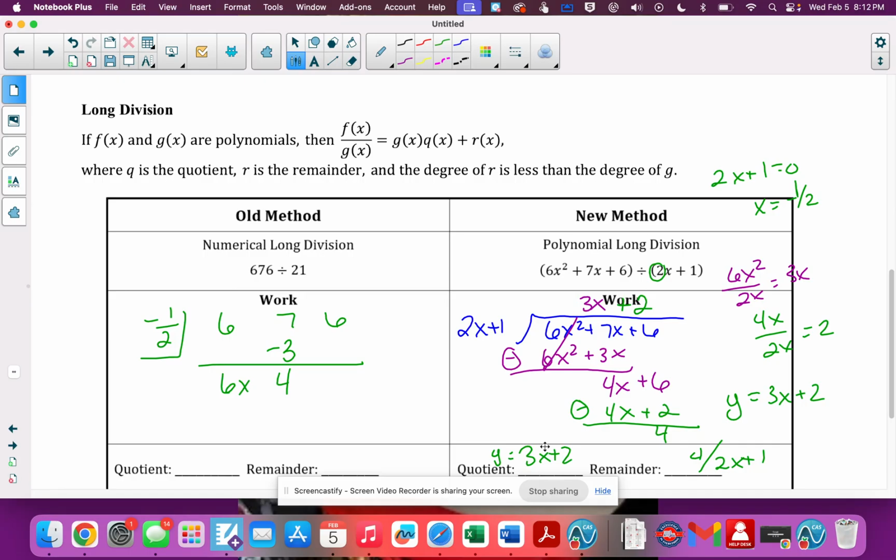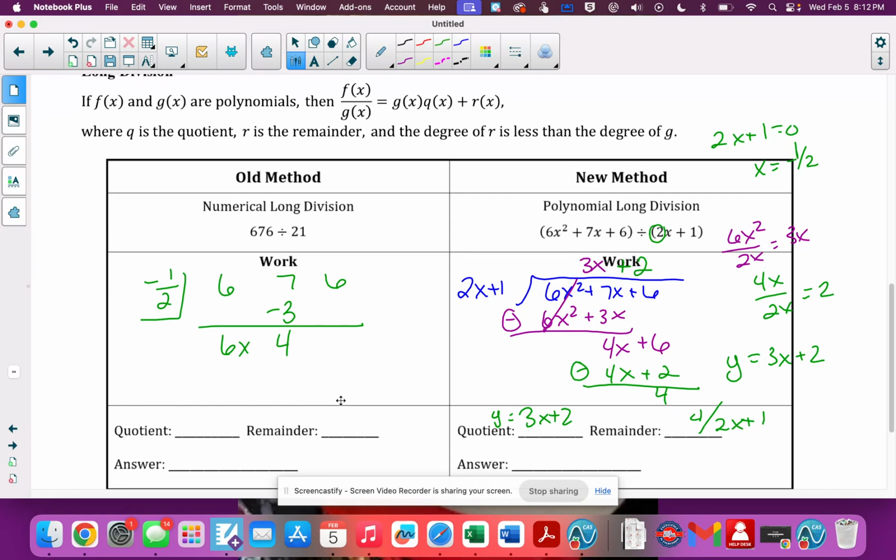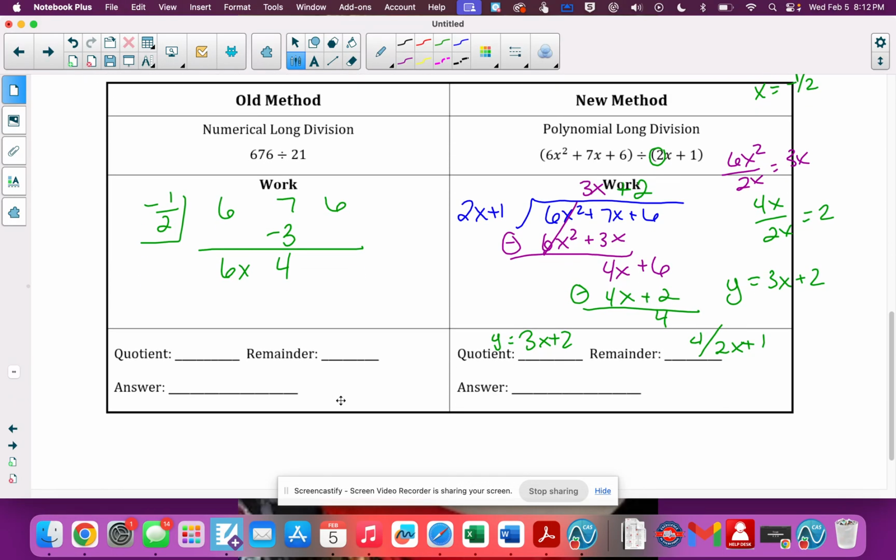And again, yes, this does work. I could do this with 3x minus 1 or 3x plus 1, and then whatever I would get, I would then have to divide by 3, and it would actually give me the correct problem. But that's a shortcut, and I would rather you do long division first and guarantee you're going to hopefully come up with the right answer rather than forgetting to divide this back out and getting the wrong asymptote.